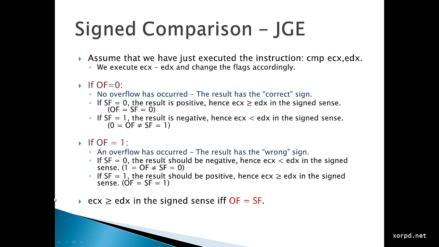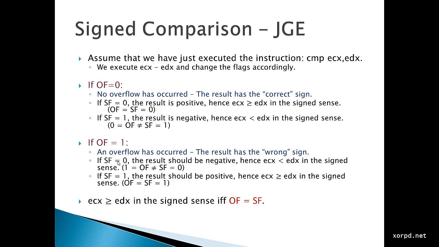For example, in the first case, the sign flag is 0. Usually, that would mean that the result is positive. However, I know that an overflow has occurred. Therefore, I will think the opposite. The sign flag says that the result is positive.